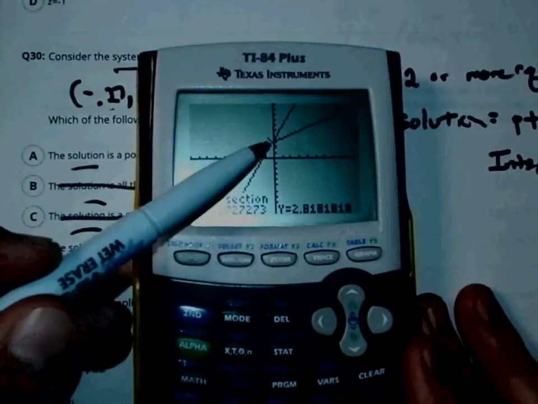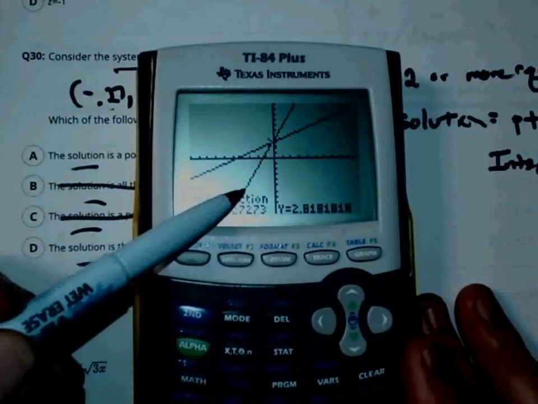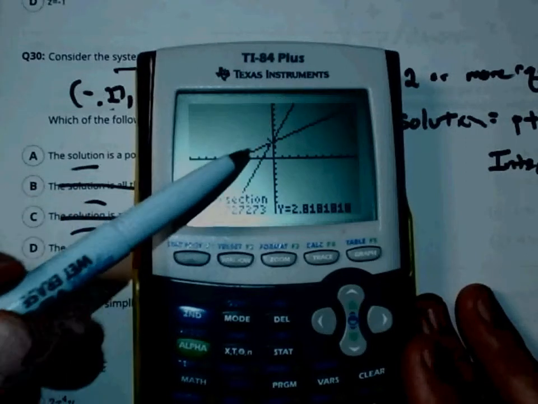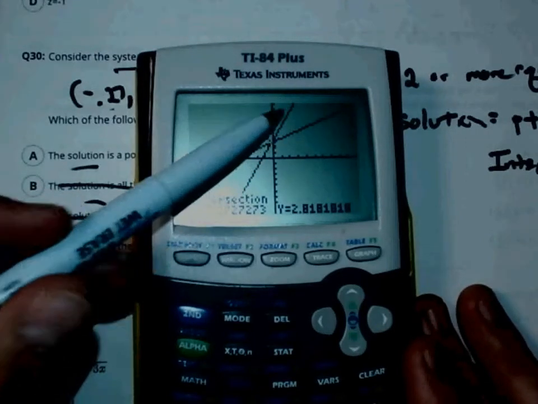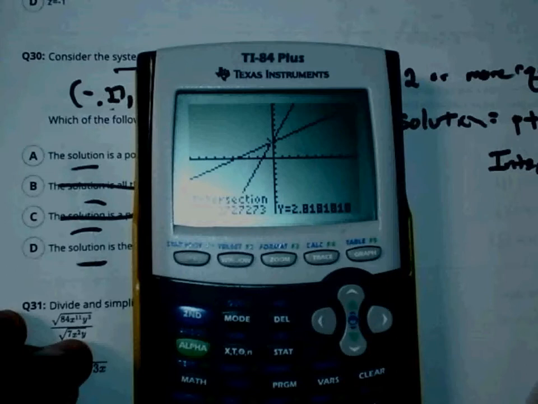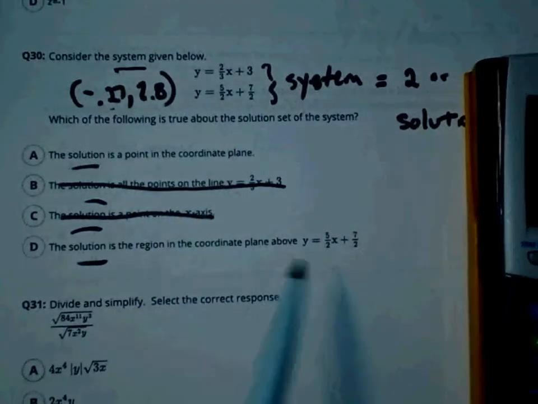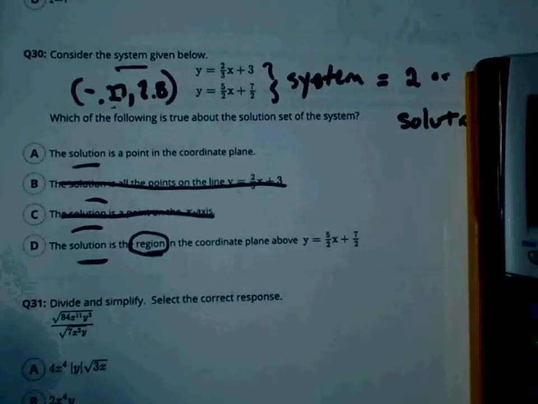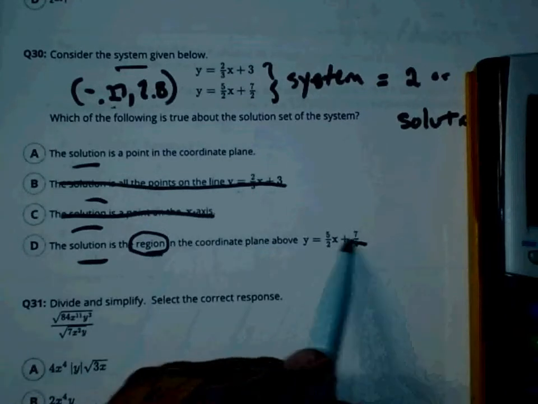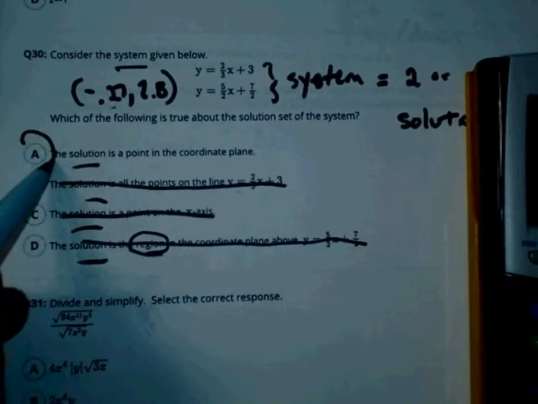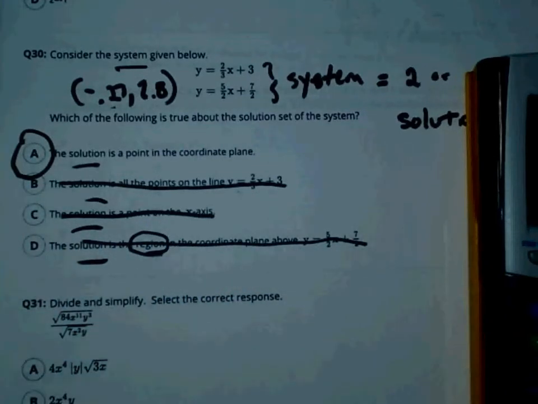Alright? And so you can see the point of intersection is right there. And so this one right here, is this one above this? And a region is a quadrant. So it won't ever be in a region because that would make it an inequality. Correct? And so this one is off, and there we go. The solution is a point in the coordinate plane.